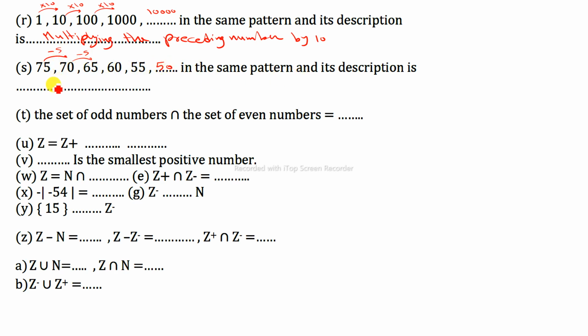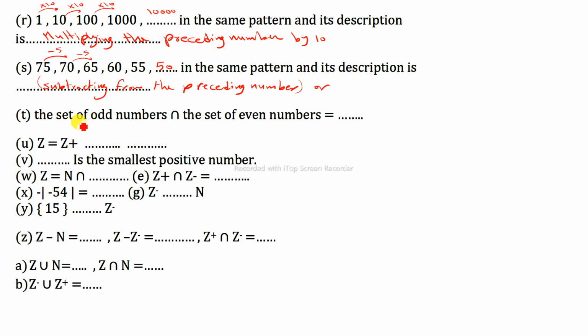Subtracting 5 from the previous number, or the preceding number, which is the number right before. Any number is equal to the preceding number minus 5.